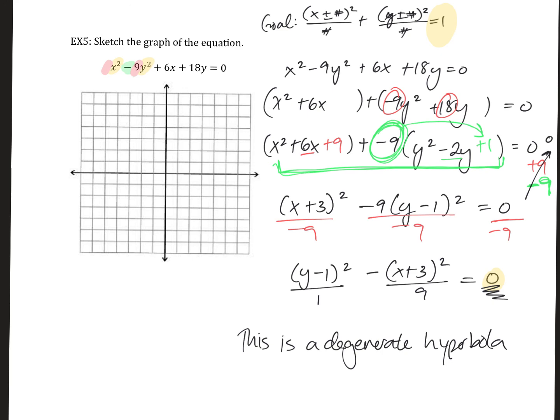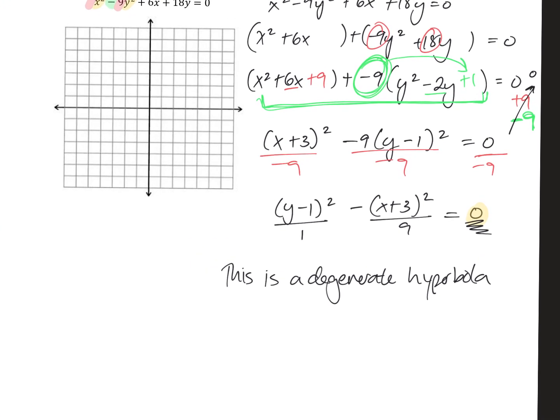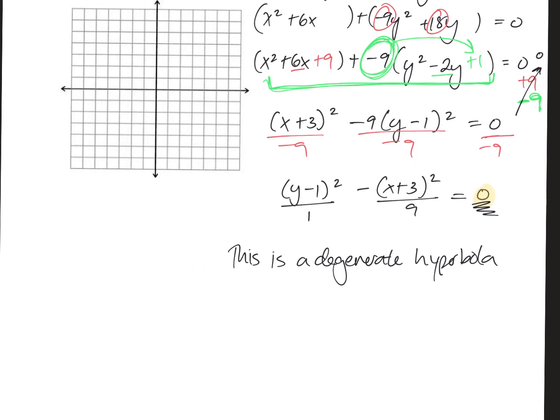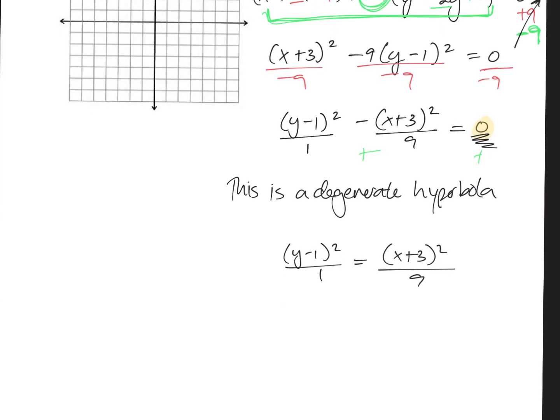So what do we have, since this is not actually a normal hyperbola? Well, if we tried to solve this, so if we continued on, we have that (y-1) squared over 1 equals (x+3) squared over 9. So notice I just moved the x values over. I added them to both sides. So I'm continuing solving, and let's see, if I solved for x, I could go ahead, square root both sides.